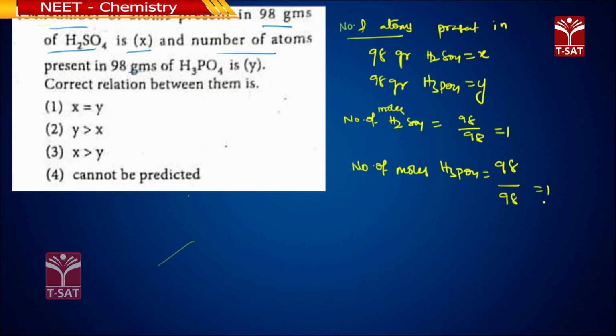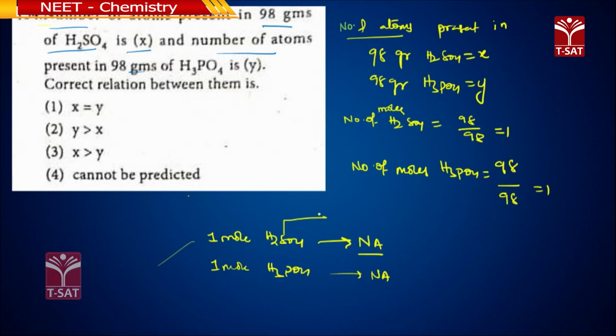So it is also 1 mole, right? So both are 1 mole. You have 1 mole of H2SO4 and 1 mole of H3PO4. 1 mole of H2SO4 you have how many molecules? Avogadro number of molecules, 6.023 into 10 to the power of 23 molecules, Na means. Here this is also Avogadro number of molecules.